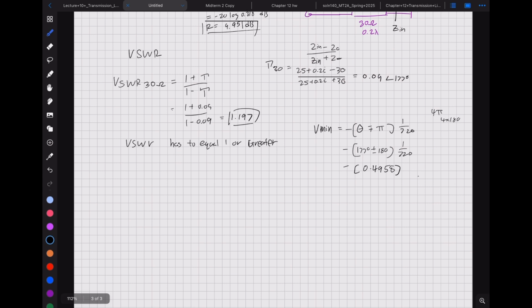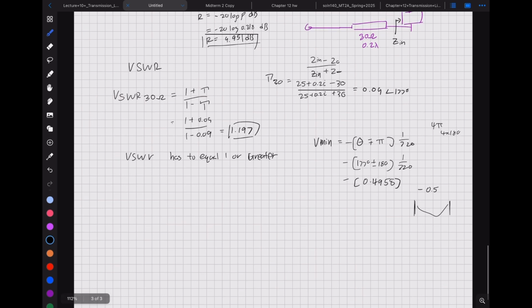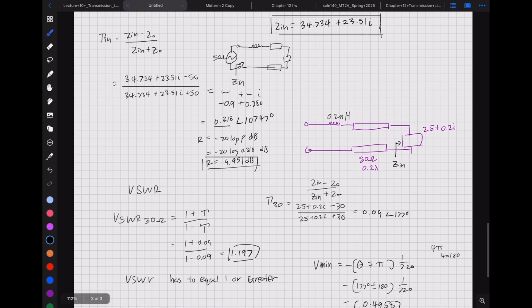And then we just remember from when we learned about half waves, when we subtract by half waves, the impedance at the beginning is going to be the same impedance at the end. So by subtracting by 0.5, we can keep getting the same minimum.